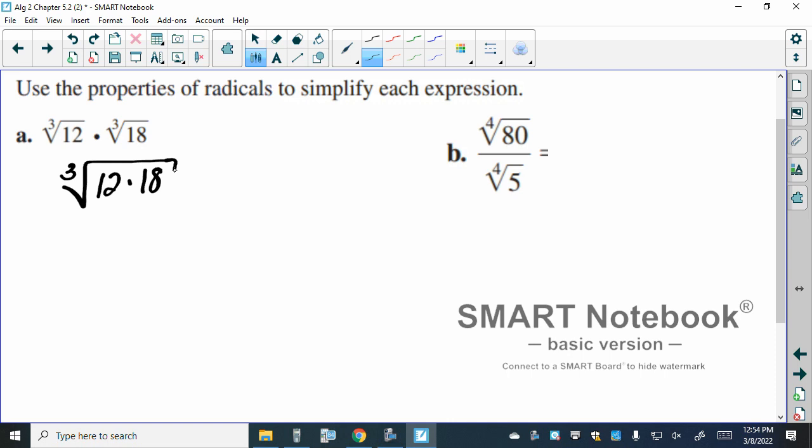At this point, we just need to multiply 12 and 18 and see what we get. As we multiply these together, we should get 216.